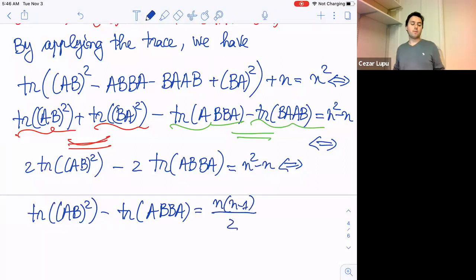But now, well, is this equivalent with the same thing? Well, it is. For the first term, it was AB, which was AB squared, right? So this guy is the trace of AB.